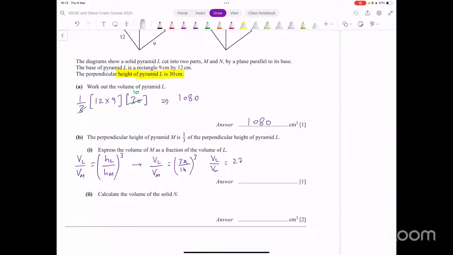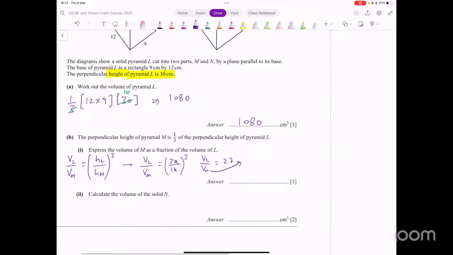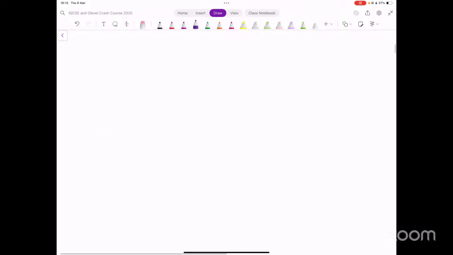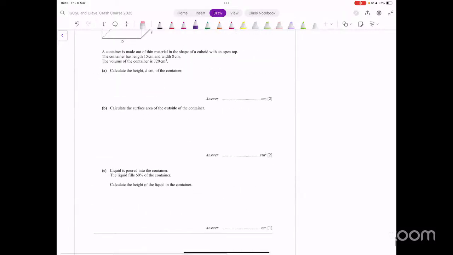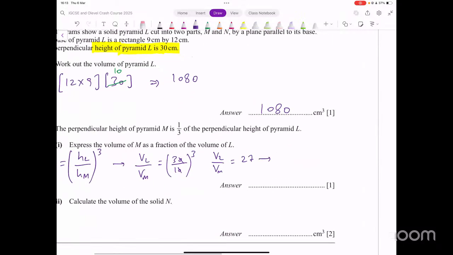But if you've done it this way, with volume of M in the denominator, now what I can do is take VM to the other side and bring 27 here, and that gives me 1/27 times VL. So volume of pyramid M is 1/27 of VL. And you can write that here, that's 1/27.